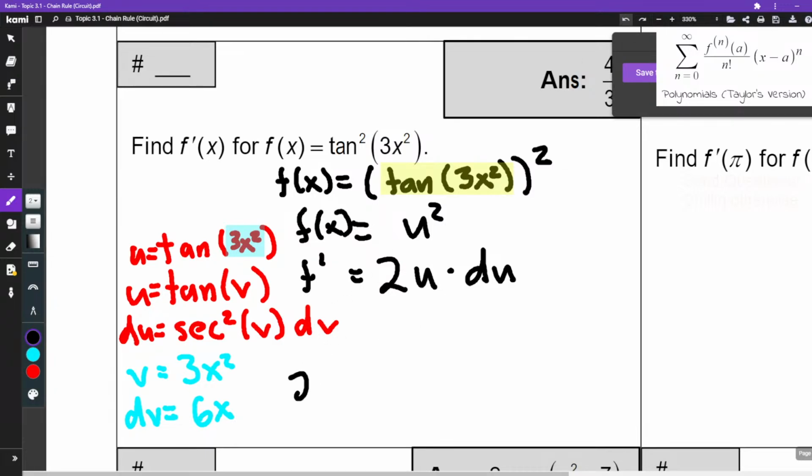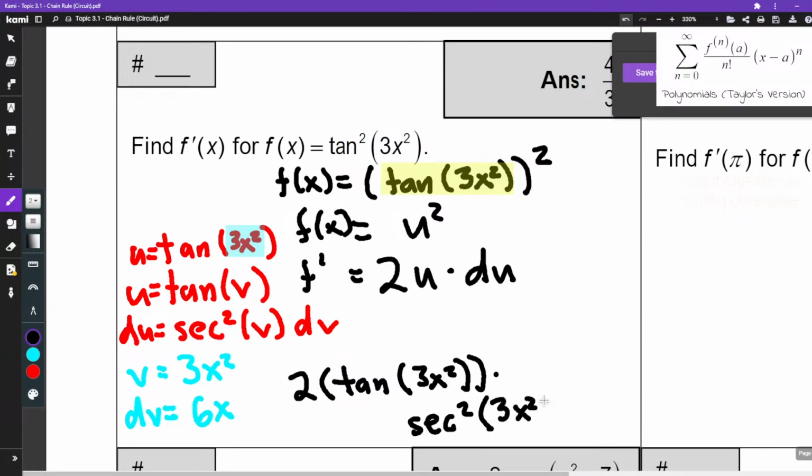So I have 2 times tangent of 3x squared, and that's u, times du. Well, du is equal to this, so that's secant squared. V is equal to 3x squared, and then dv is equal to 6x.